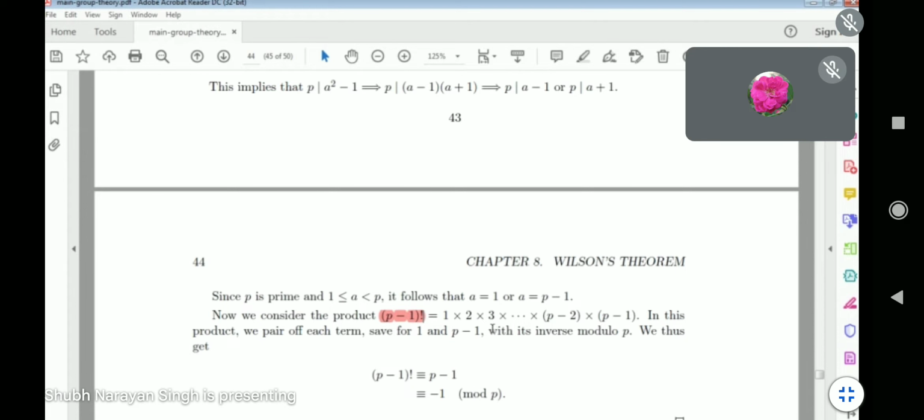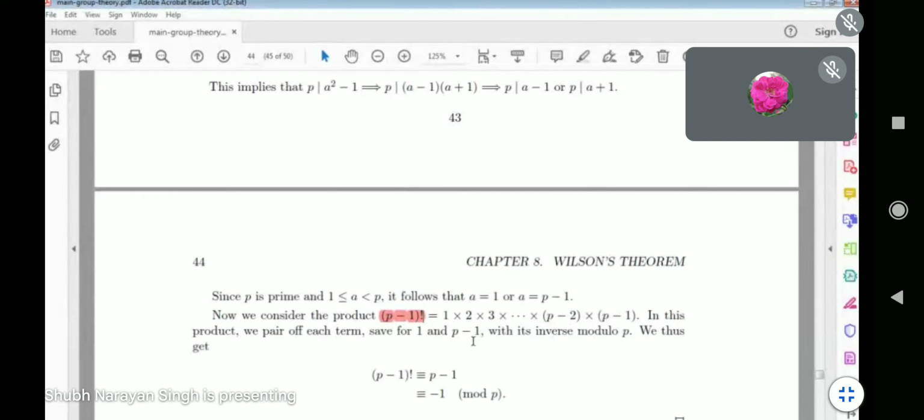Now think about this product: we just observed that the inverse of 1 is itself, and also the inverse of P minus 1 is itself. But we don't know what the inverse of 2 is, in between 1 and P minus 1.